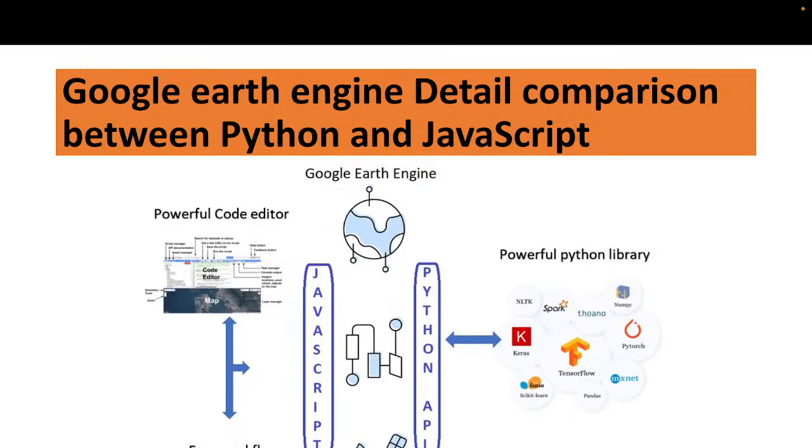Python does not have the powerful code editor, but it has the powerful libraries. So this is the comparison between Python and JavaScript. But as a beginner, when you start learning, try to focus on JavaScript, then move to Python.